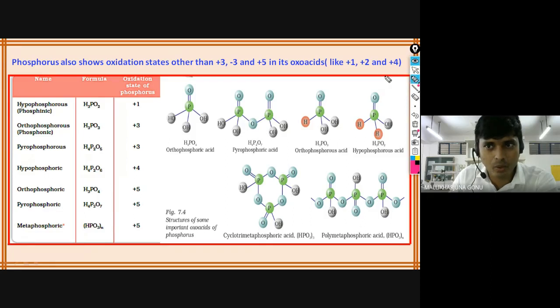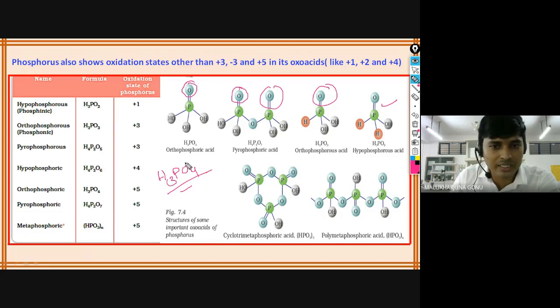Every compound with phosphorus will have one double-bonded O. So if they have given any structure, H3PO4 for example, first put one double bond O on the phosphorus. Then you have to adjust according to the oxygens and hydrogens.